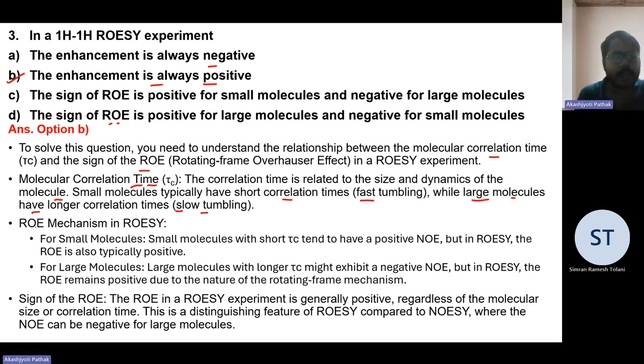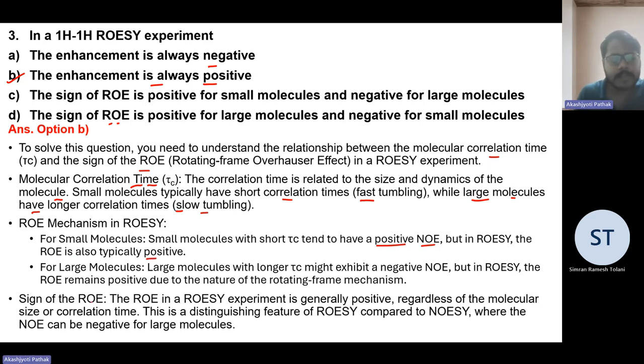So what is the ROE mechanism in ROESY, the rotating frame Overhauser effect? Small molecules with short correlation time tend to have a positive nuclear Overhauser effect, and in ROESY the ROE is also typically positive.